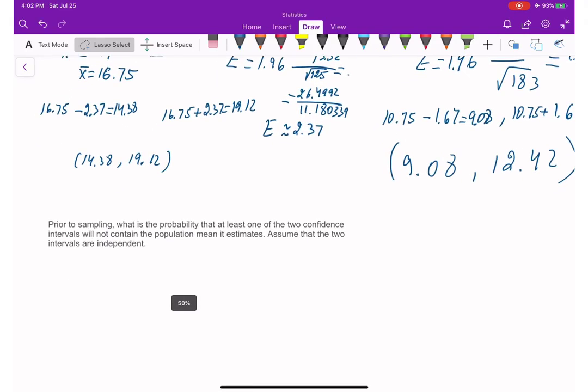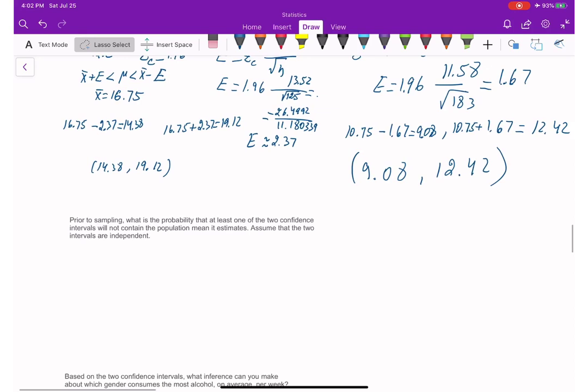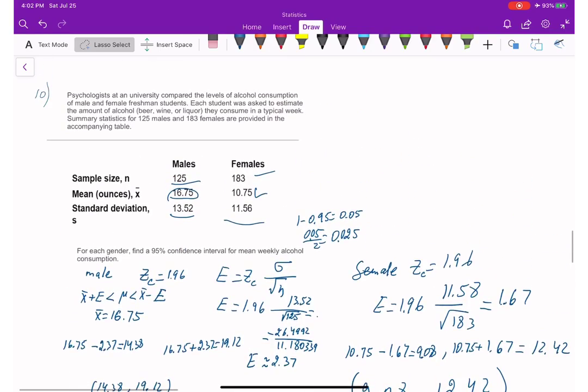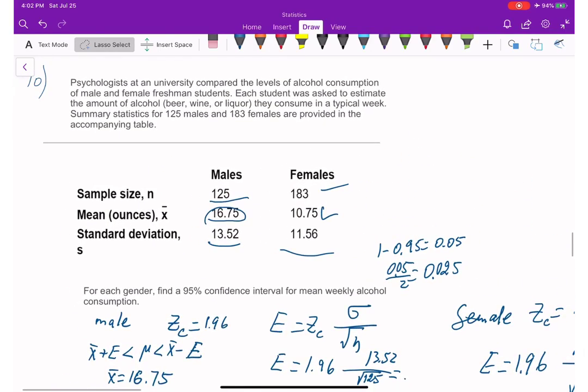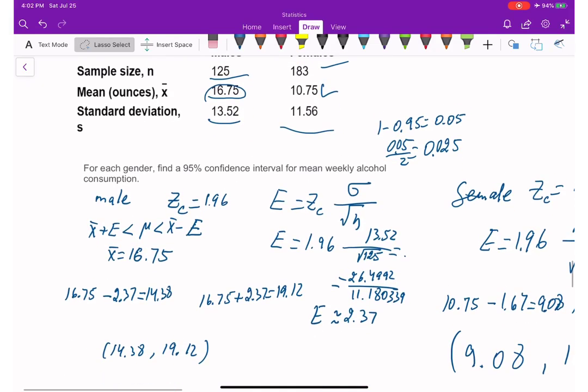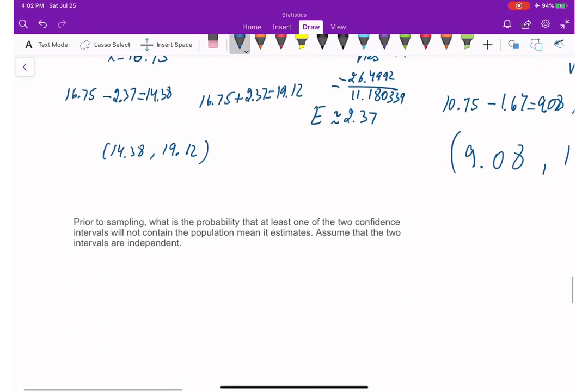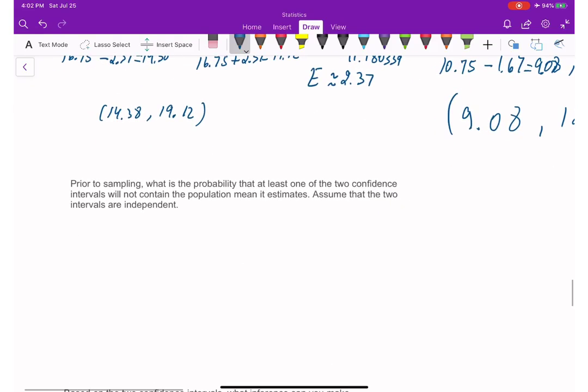So we are going to solve this the following way. Since our confidence interval is 95%, right? Here it is, and it's identical for both cases, 95%. So what we're going to do is find the probability that at least one of the two confidence intervals will not contain the population mean it estimates.